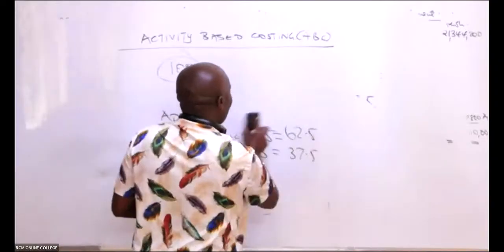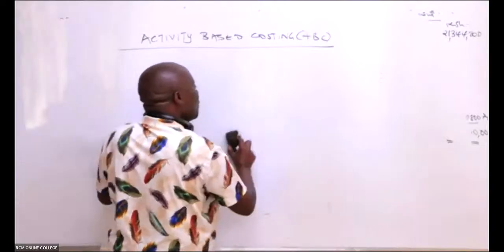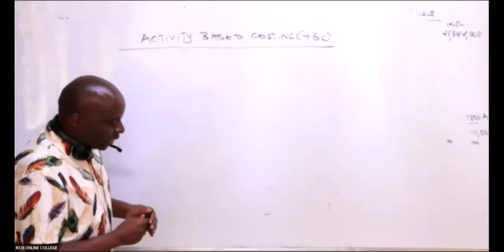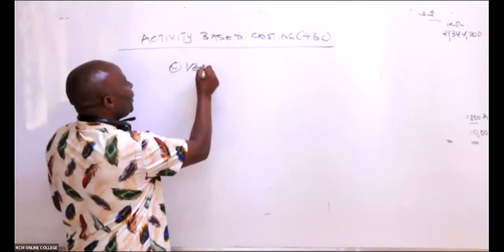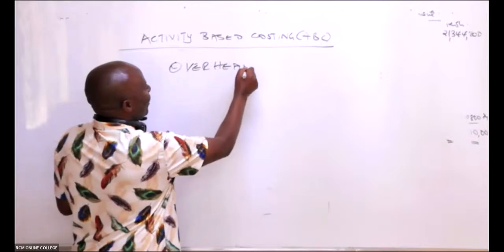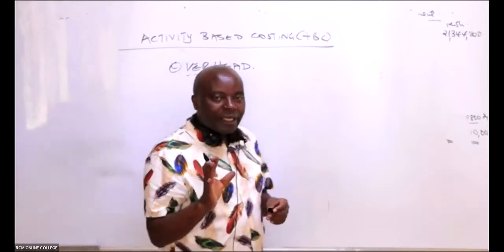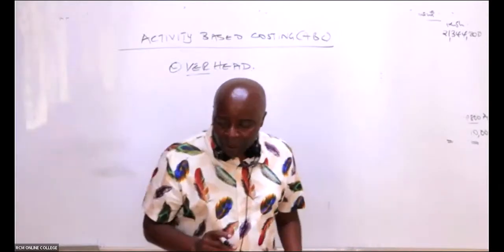Now, when we talk of the activity-based costing approach, ladies and gentlemen, first of all, you need to appreciate what we are doing in terms of apportioning these overheads. First of all, what is an overhead? From the name, overhead. These are basically common expenses.